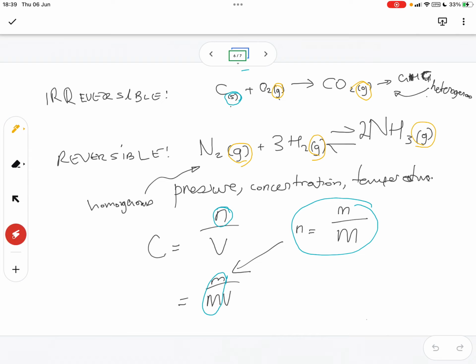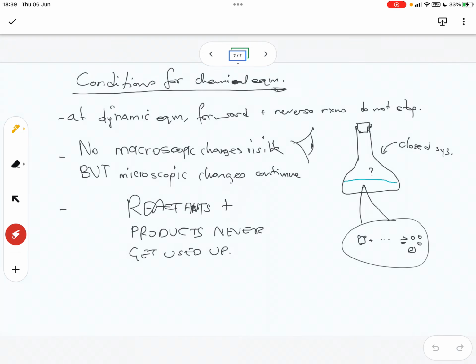Those are just examples off the top of my head, they're not in reference to anything. So some reactions would go in this direction because maybe you change something there, and others would go in that direction, maybe you change something there or there. But like I said, these are just examples off the top of my head, they're not really referenced to anything.